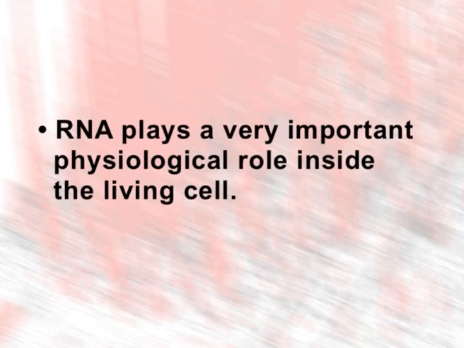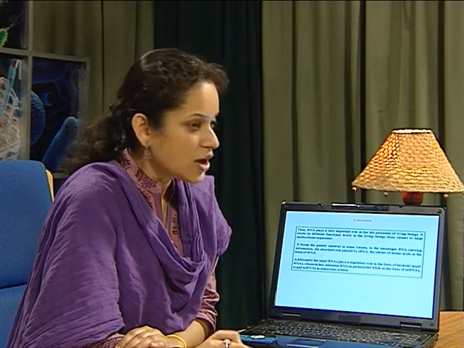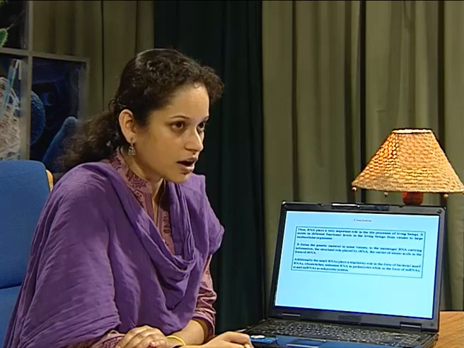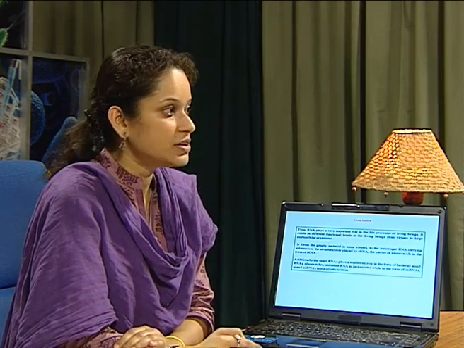We learned from this session that RNA plays a very important physiological role inside the living cell. It performs a wide range of functions from viruses to multicellular organisms. In viruses, it serves as the genetic material, while in prokaryotes, it can be found in the form of mRNA, tRNA, rRNA, playing a central role in gene expression, or in a regulatory role in the form of riboswitch, antisense RNA, and bacterial small RNA.